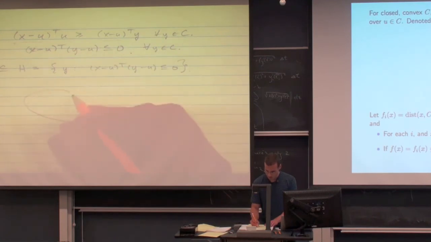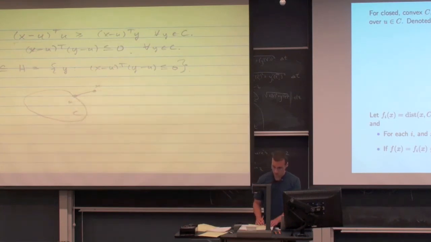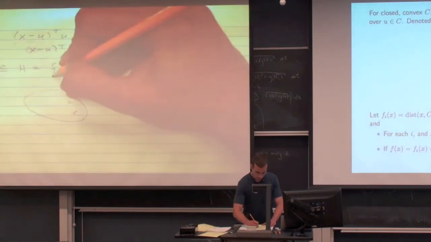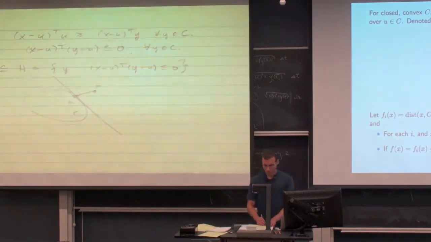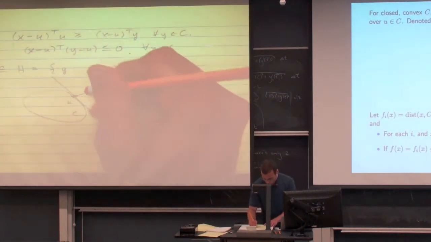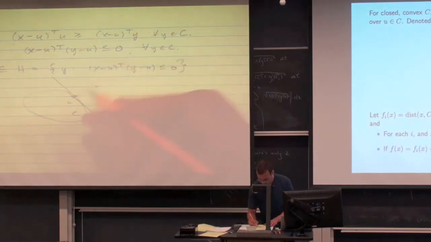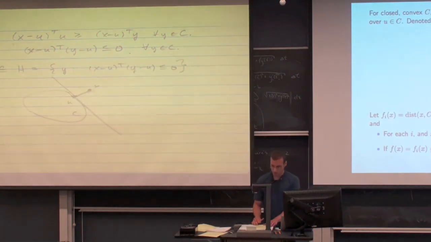There was C, here was x, here was U, and this is the half space I'm talking about. That's not a very good perpendicular. Okay, but this is the half space here. This is H. And we just said that C was contained in H. That's what that argument showed.